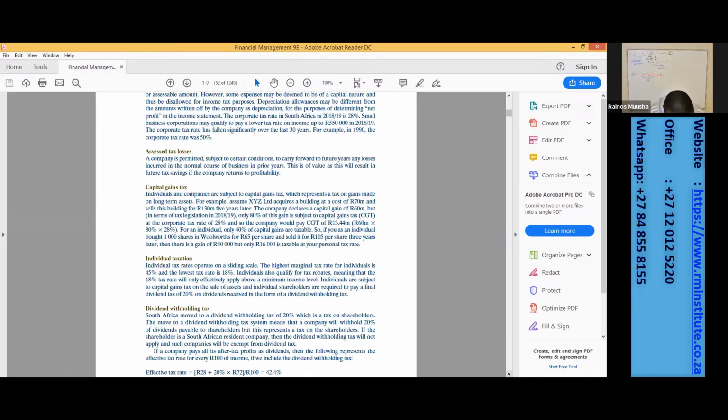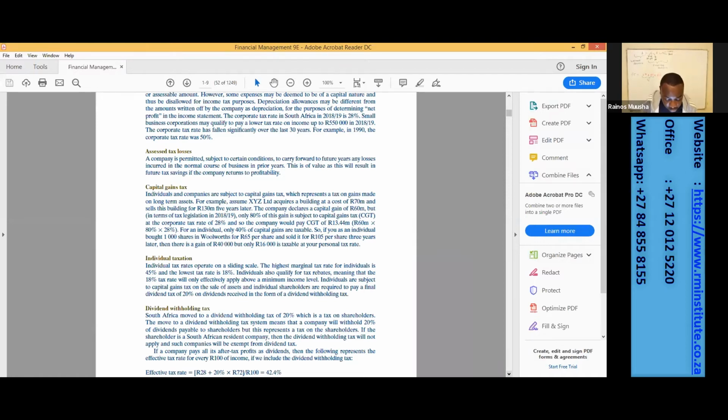Then another issue is capital gains tax, where they say individuals and companies are subject to capital gains tax, which represents a tax on gains made on long-term assets. So the capital gains tax is basically the tax that is going to be charged whenever the assets are disposed of at a value which is more than the cost of the asset.